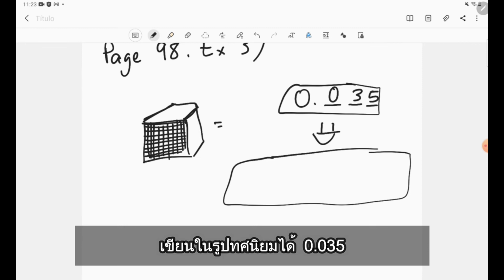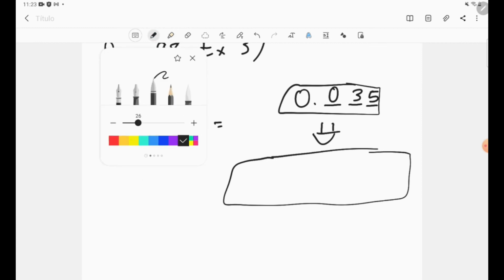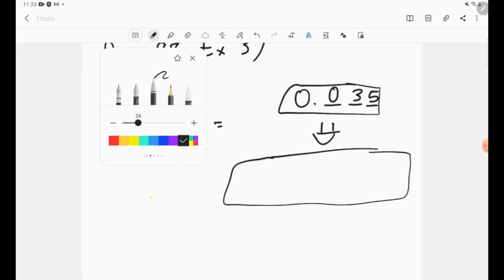Okay, if one full face, for example this, is filled, it would be 0.100. Okay, but not even one face is filled, just 35 pieces in the first face. So we can say that this number represents 0.035. How to write it? 0.035.